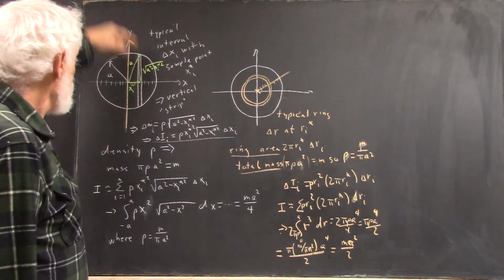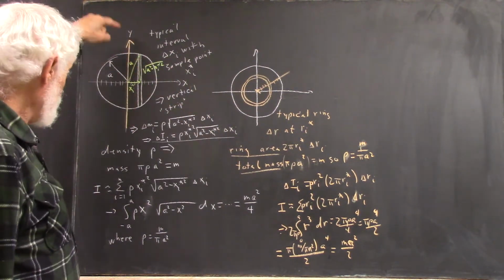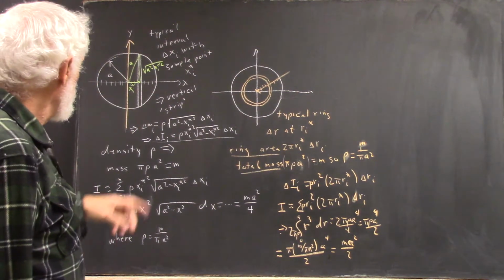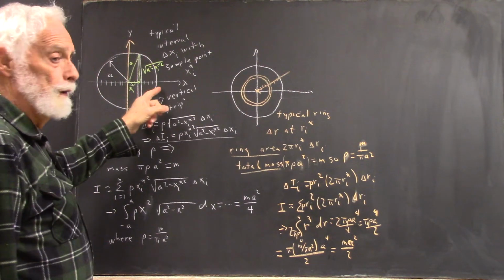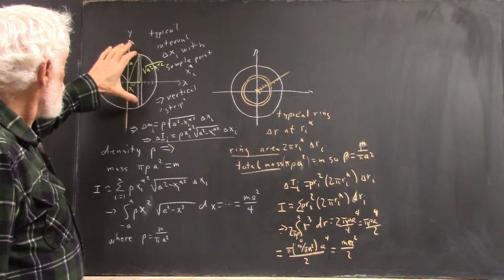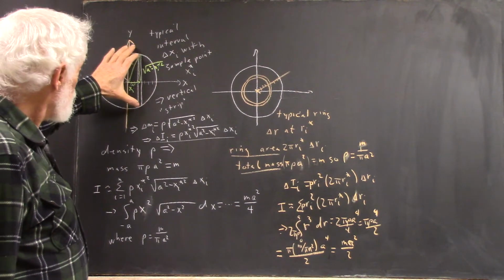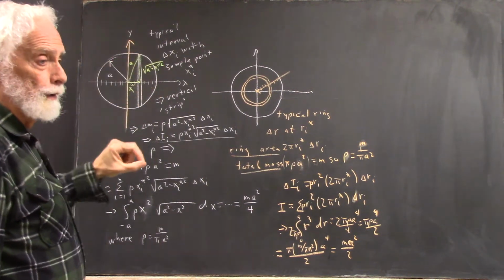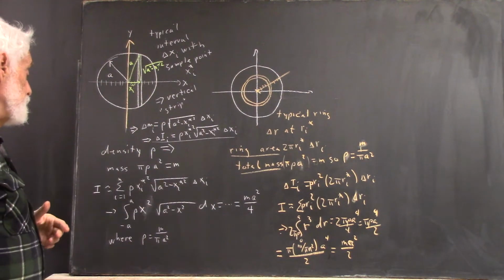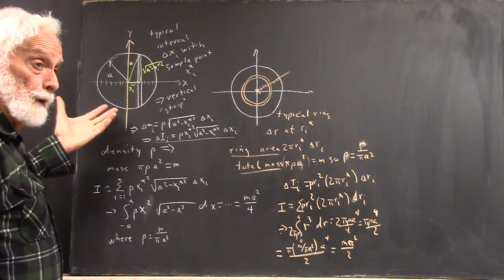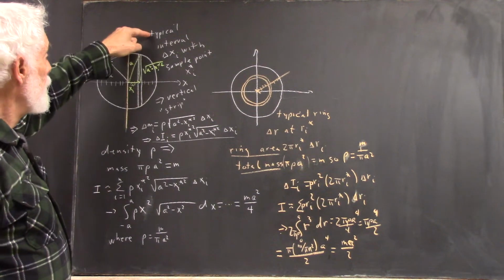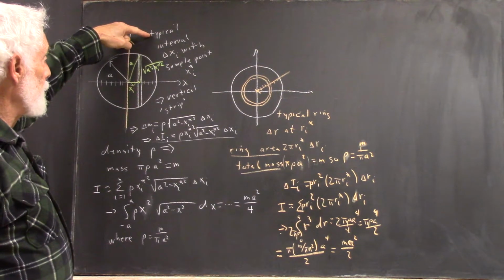Well, that would be vertical lines in this case, lines parallel to the y-axis, which means it's natural then to partition the x-axis and then to take strips, vertical strips, corresponding to each partition, calculate the moment of inertia of each, and set up the integral.